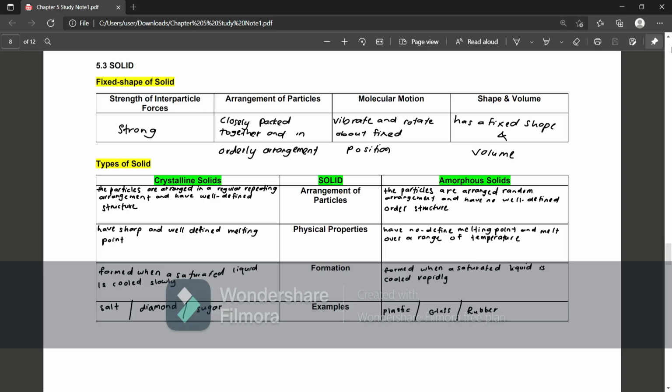Examples of crystalline solids are salt, diamond, and sugar. And for amorphous solids are plastic, glass, and rubber.